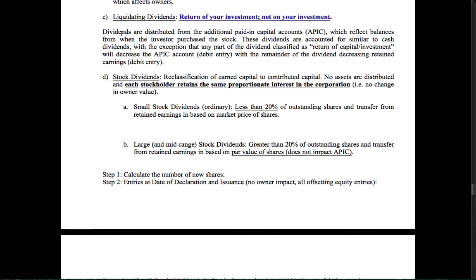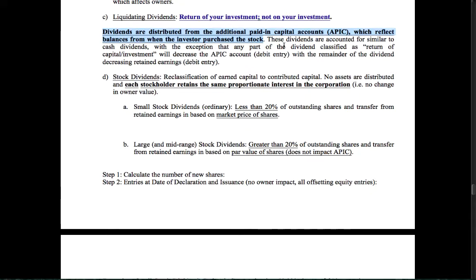And what this essentially does is that the dividends that are distributed, these liquidating dividends, are distributed from the additional paid in capital accounts, which represent the balances from the investor when they purchase stock. As we discussed previously, the additional paid in capital account represents the amount paid for the stock in excess of par.